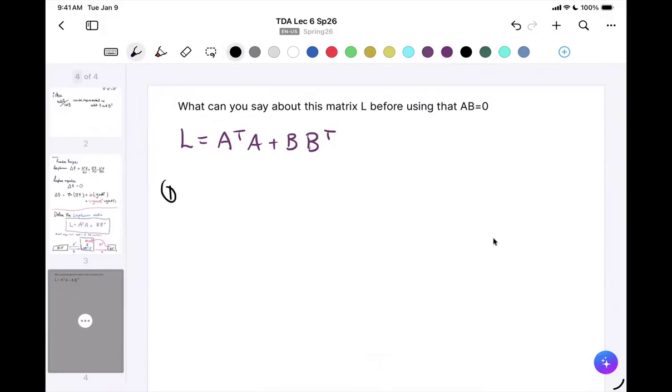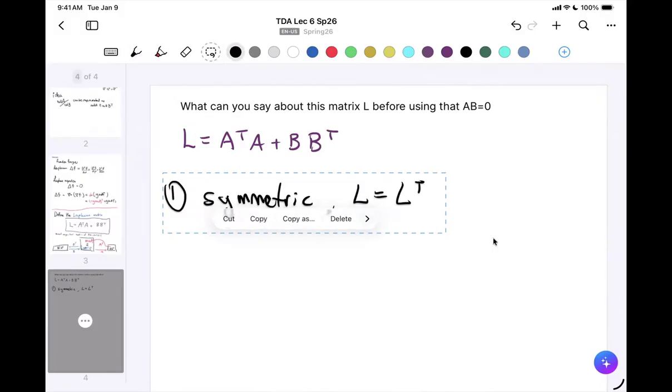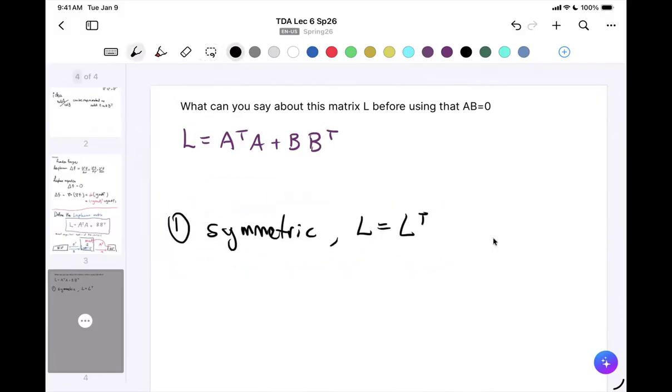So the first thing that you can say for sure is that this is symmetric, meaning that L equals L transpose. And implicitly that means that it's a square matrix, so maybe I should put that as property zero: it is a square matrix.